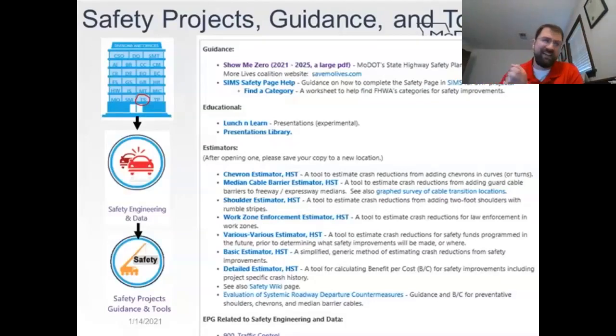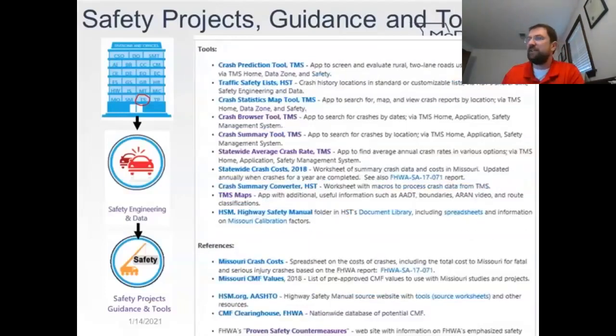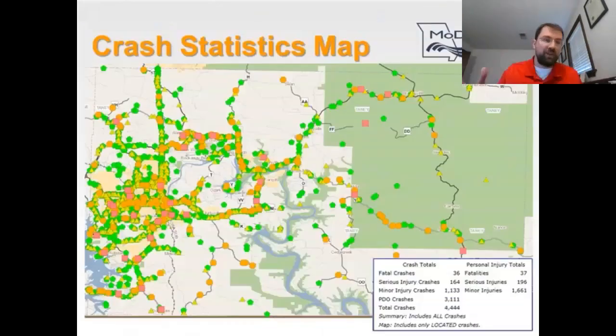And I just want to highlight some of the tools that we have available that you guys might find useful. First is the crash statistics map, which allows us to do some various querying. So as you're working with our internal and external partners on how we want to use these safety funds, we can pull up this map and query by district or MPO area, planning organization area.